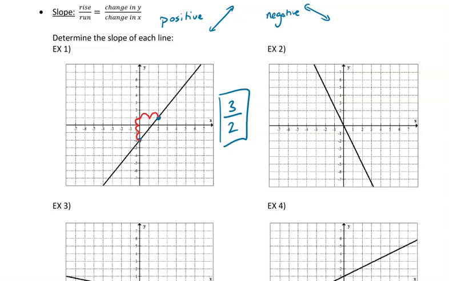All right, let's try another one. For example 2, again, just pick any 2 points you see. I'm going to pick (-2, 5) and (0, 0). Again, whatever 2 points you pick are perfectly fine.